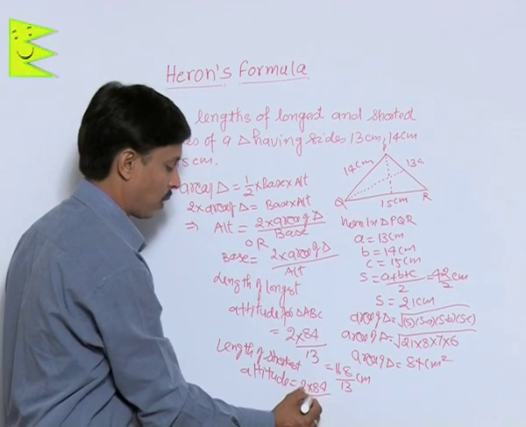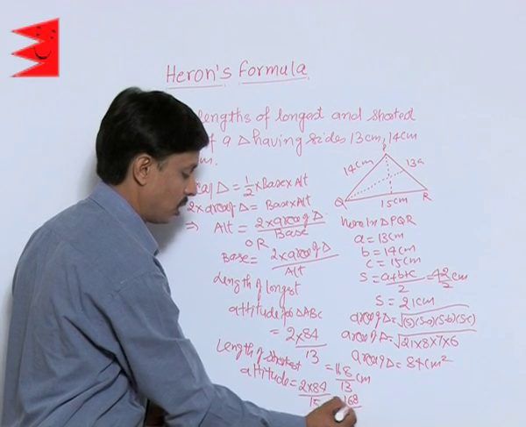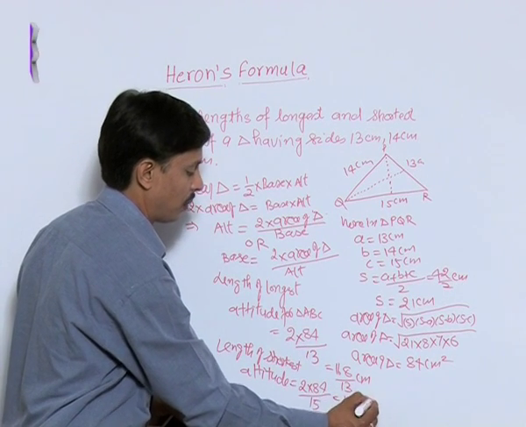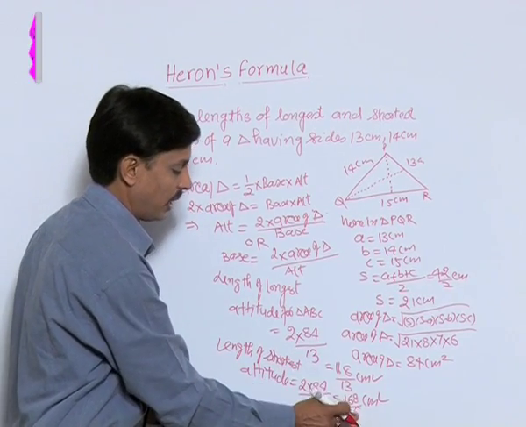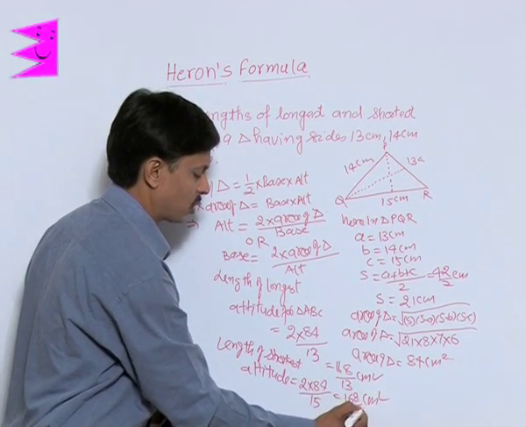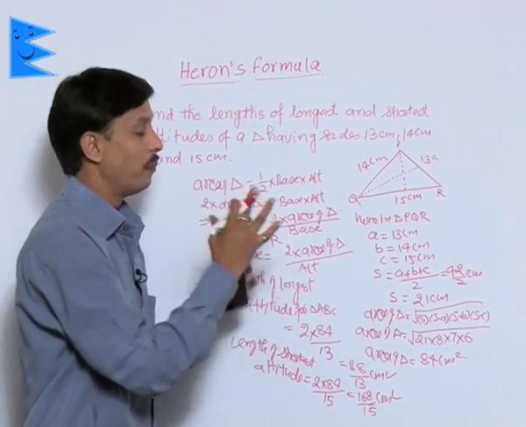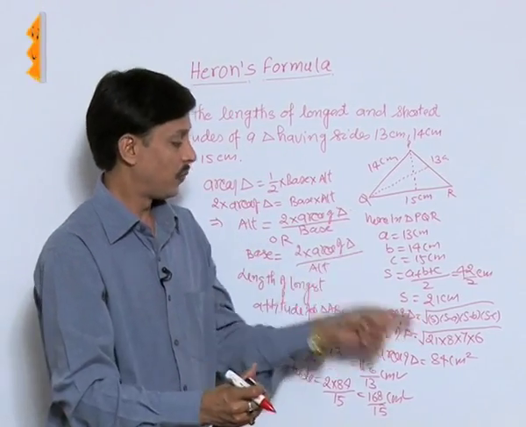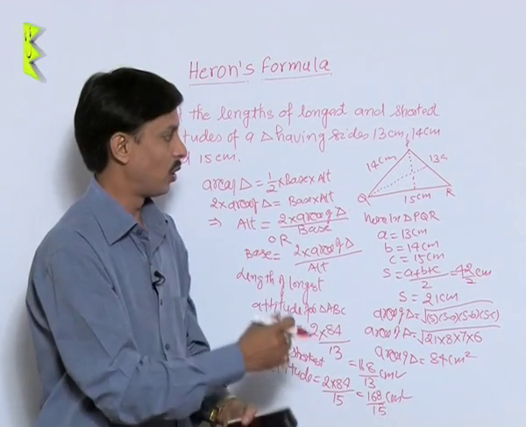Base is what for the shortest altitude? 15. This become 168 upon 15 centimeter. So these are respectively the longest and shortest altitude that have been calculated, and being explained to you that first we will calculate area, then we will find the length of altitude.